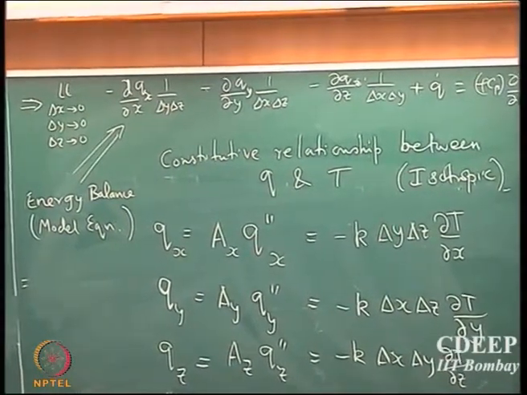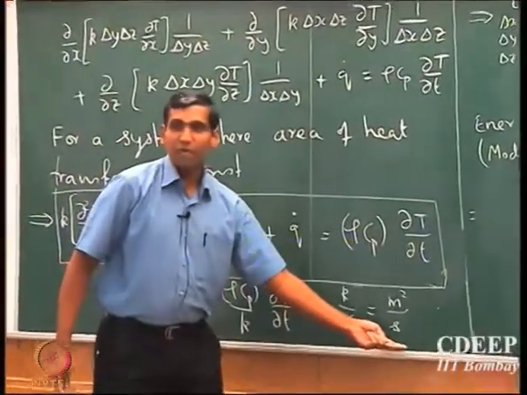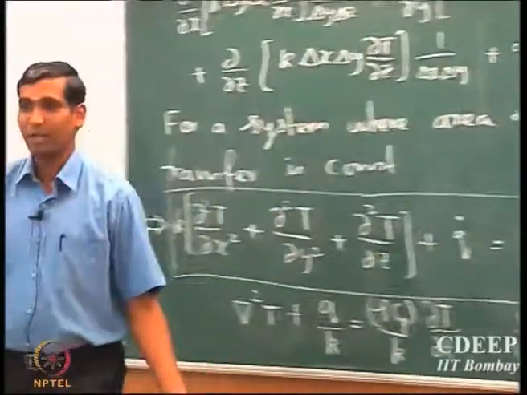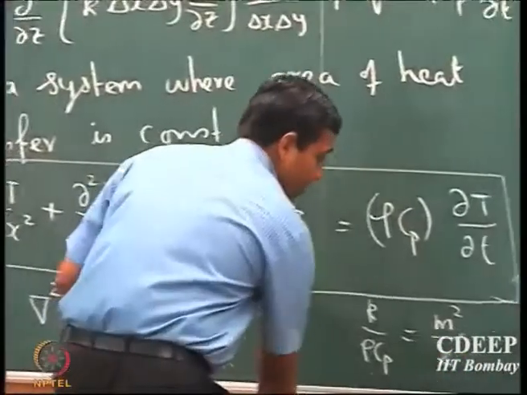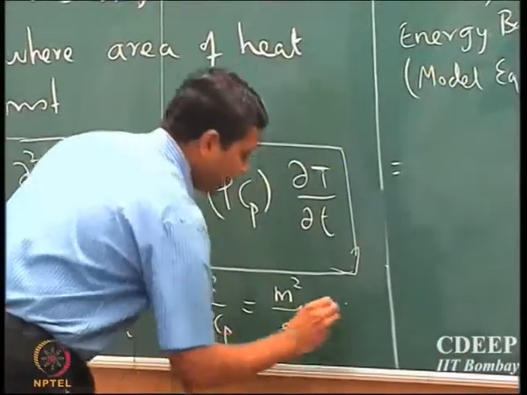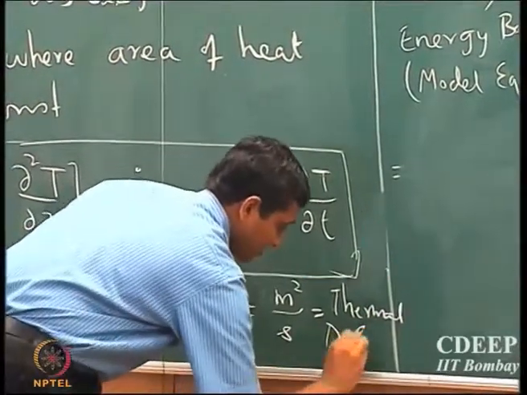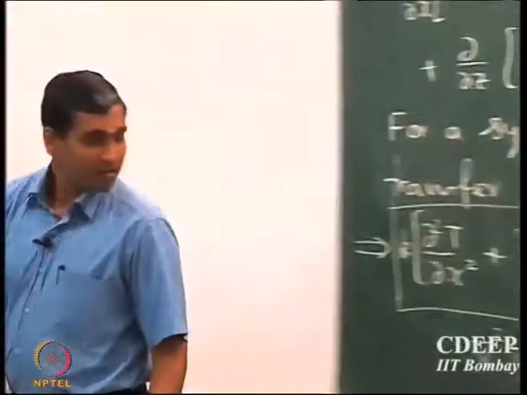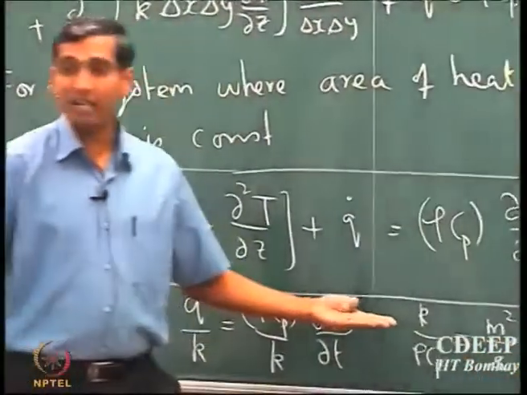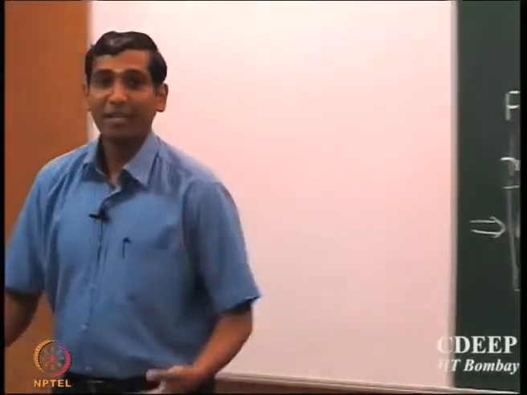Alright, so the units of this K by rho Cp is meter square per second. Can you guess from the units what this quantity is? It's diffusivity. So this quantity is called thermal diffusivity. What it signifies is that K is the thermal conductivity and rho Cp is the capacity of the system.